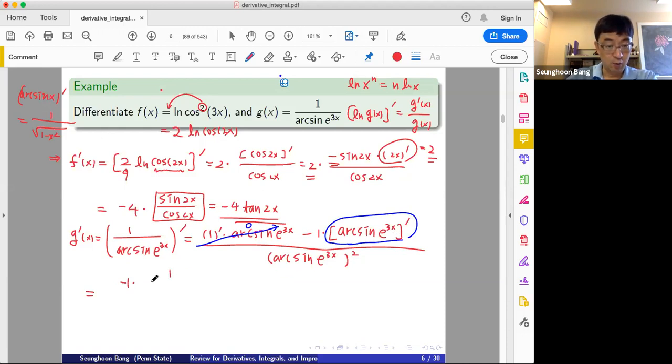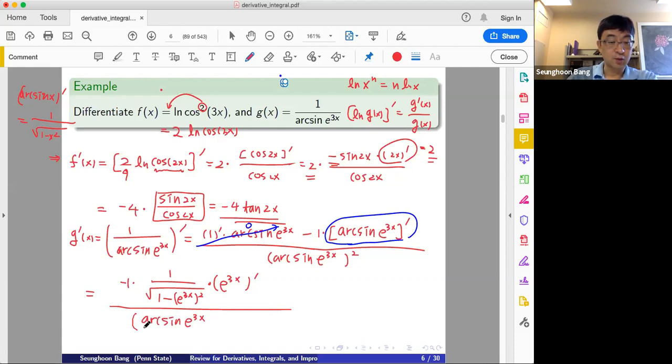So we have 1 over the square root of 1 minus e to the 3x squared, times the inner function e to the 3x prime, over arc sine of e to the 3x squared.